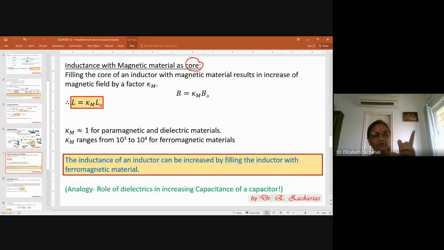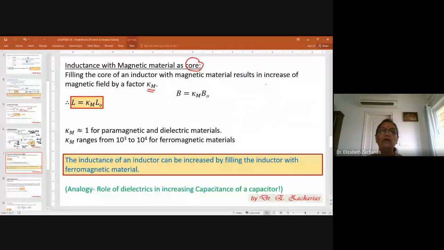Similarly here, inside your inductor, you're going to fill the space with a core. That core material is going to be ferromagnetic material, or let's say a material with a kappa M.